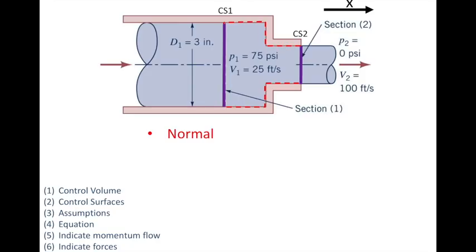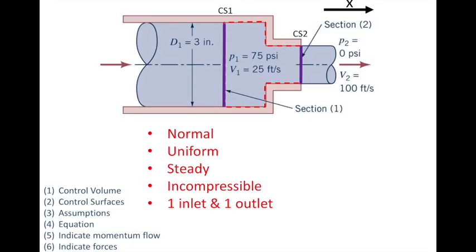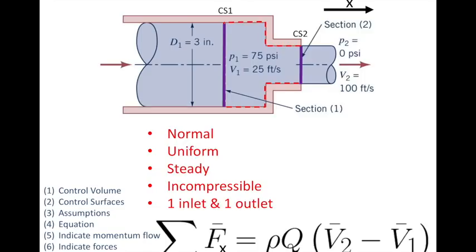This is pretty similar to the last one: we've got flow that is normal, uniform, steady, incompressible, with one inlet and one outlet. Think your way through those, but I think they're all reasonable. We can talk more about that in lecture on Friday if you need clarification. With that, we know that we can go to our new C11 form of the equation.